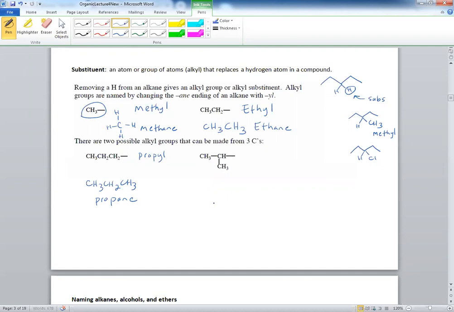Now, if you attach it at the end, to a primary carbon, that's the propyl. If you attach at the secondary carbon, this now changes to isopropyl.